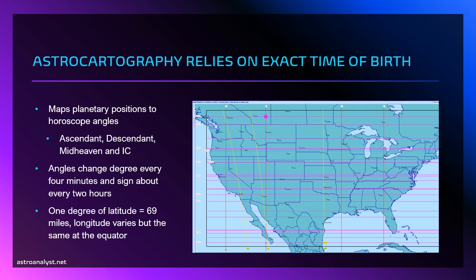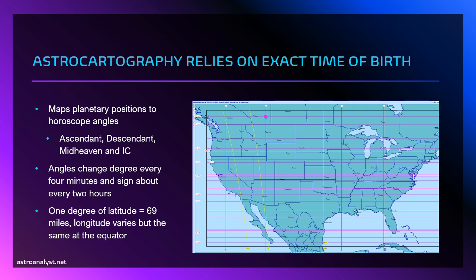And as I said, it's an accidental dignity. So if you move, it is going to change these lines very quickly. Just so you get an idea of how fast they would change, each line changes 1 degree approximately every 4 minutes, and it would go into a totally different sign in about 2 hours.